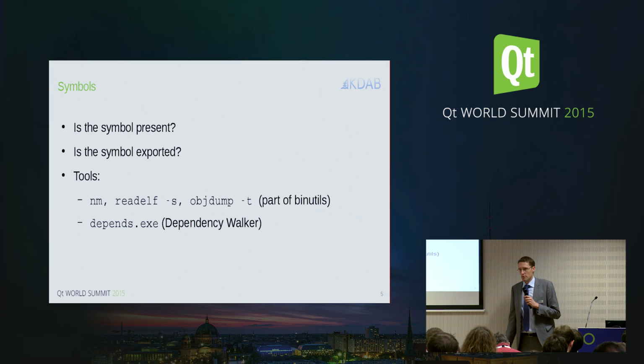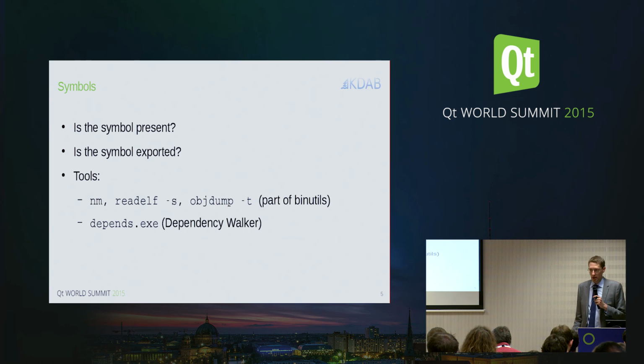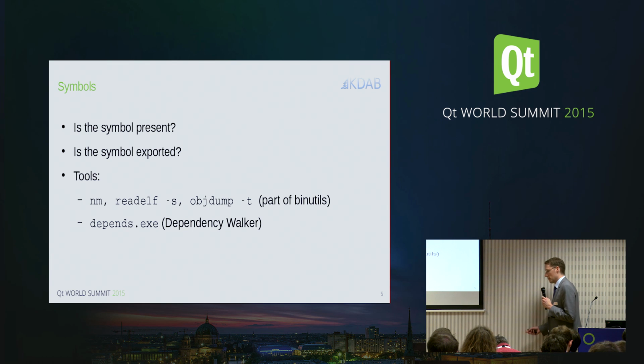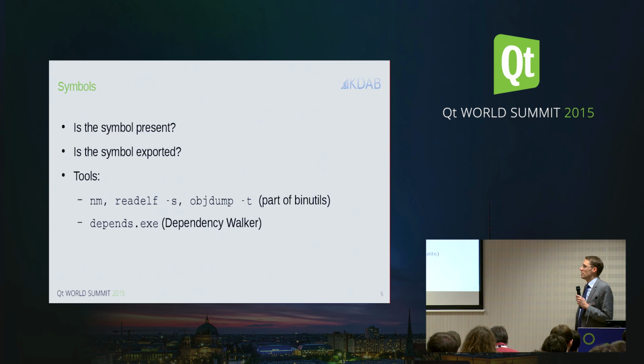By default, all of those tools will give you mangled symbol names. So since we are all working with C++, if we are using Qt, you have stuff like _Z, and then, well, you vaguely see some class names in there, but it's very hard to read.